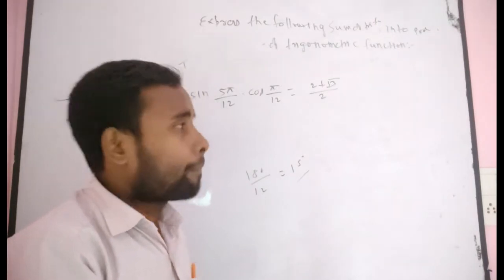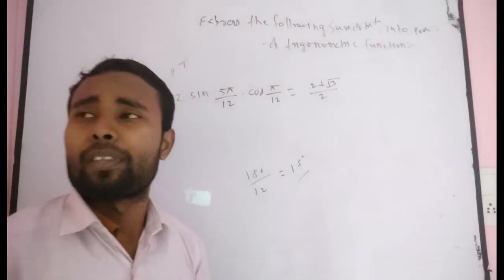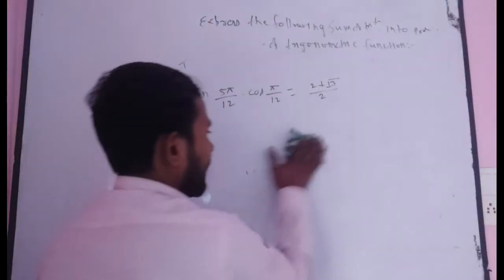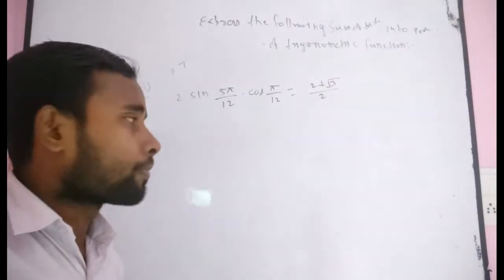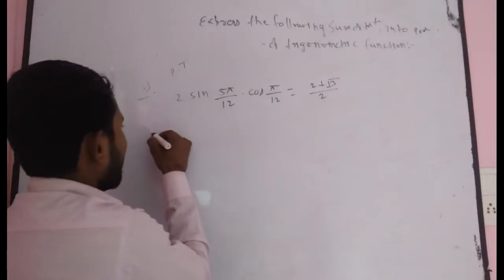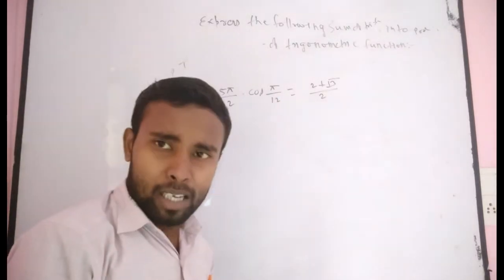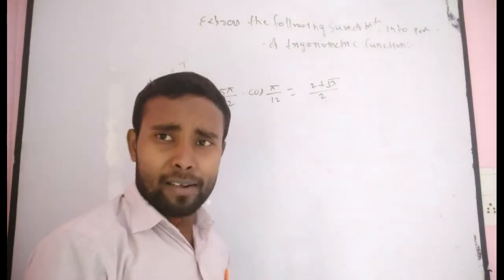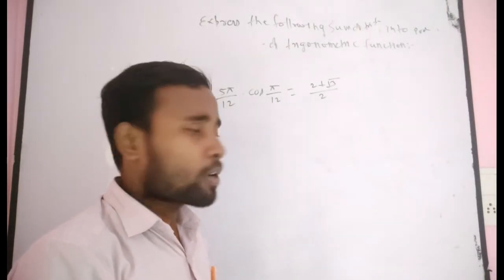But there is also another way to solve this type of problem. If the values of cos 15 degrees and sin 75 degrees are not given, then you can find them.